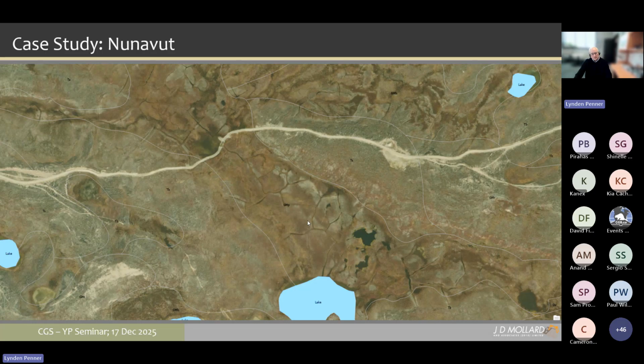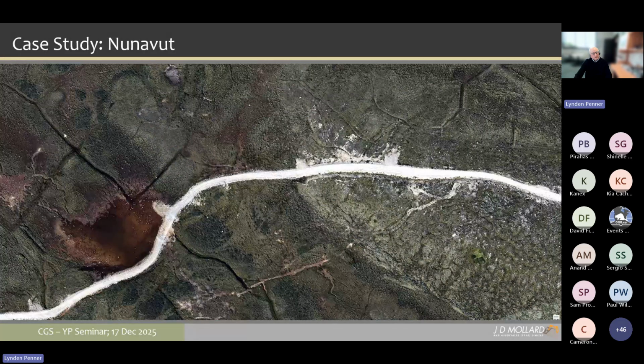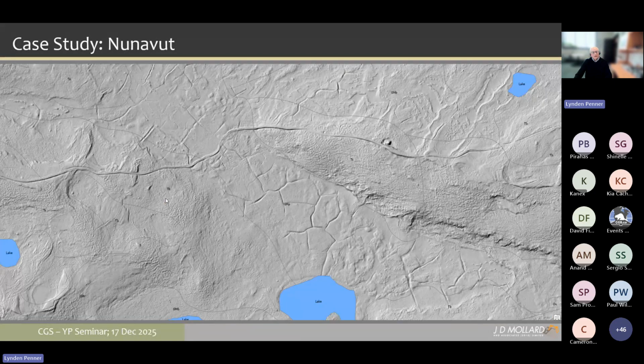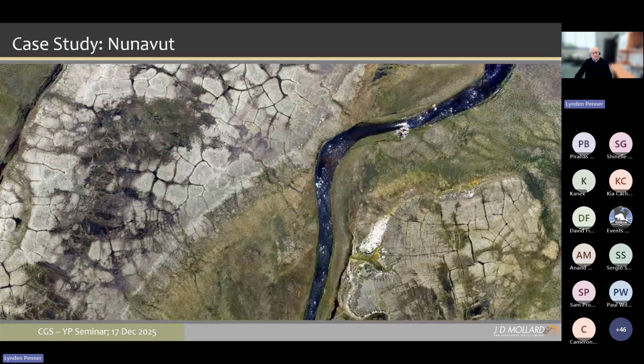Here you can see them infilled with water, so they're degrading, and an existing road that crosses some of those. And LiDAR, I mentioned LiDAR in the title, so I've got a few hillshade images here showing how those ice wedge polygons really show up very distinctively within the LiDAR imagery.